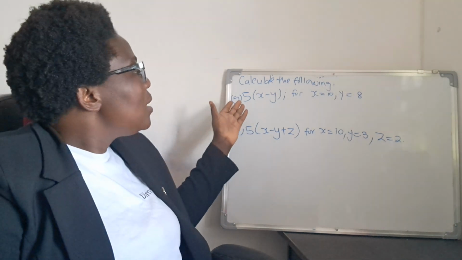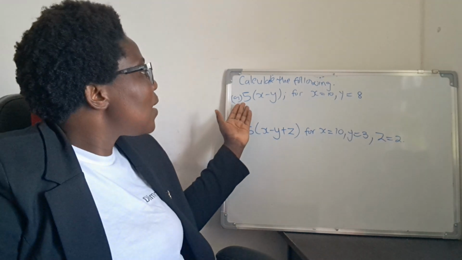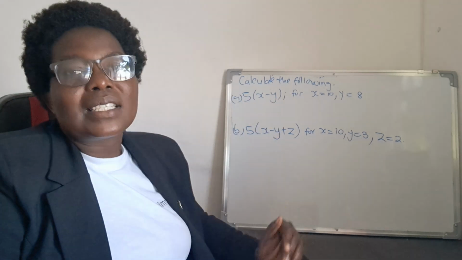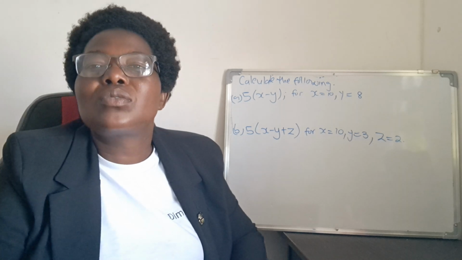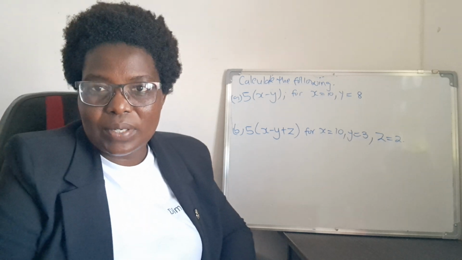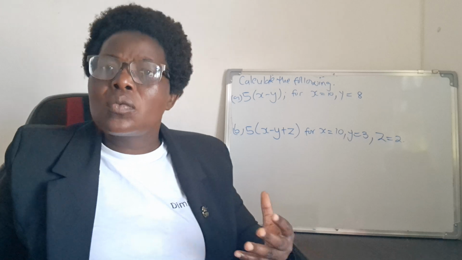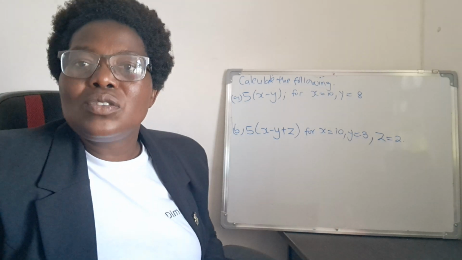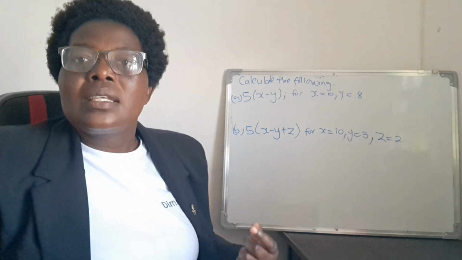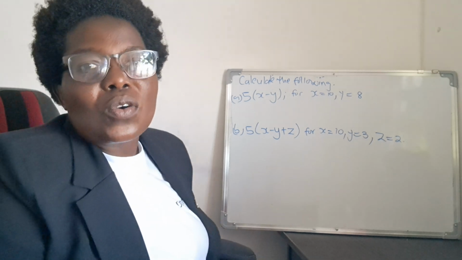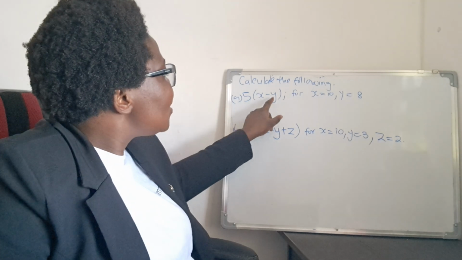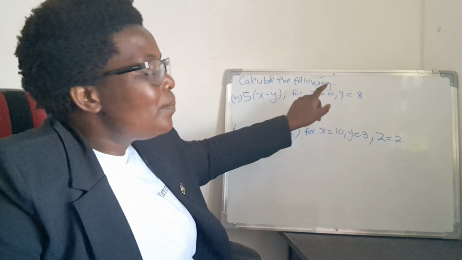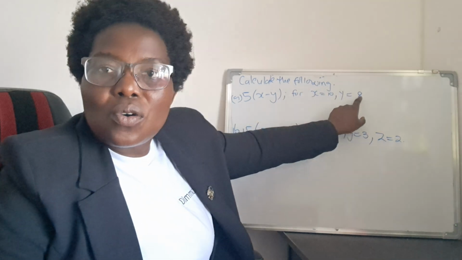So for example, in the first example, it said simplify 5 in bracket x minus y. So you are required to solve that problem, right? We're not solving for x, we're not solving for y, but we need to see what is the value of that expression. Therefore, we were also told that x has a value of 10 and y has a value of 8.